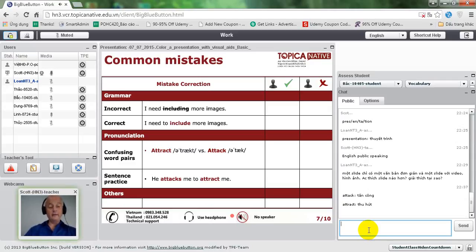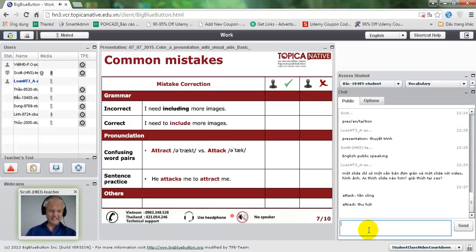So there are a lot of women in the class. Maybe you are very, very beautiful, and the men, they are attracted to you. So they like to look at you because you're beautiful. Okay, so that's what the word attract means. You attract people to you. Attack is completely different.